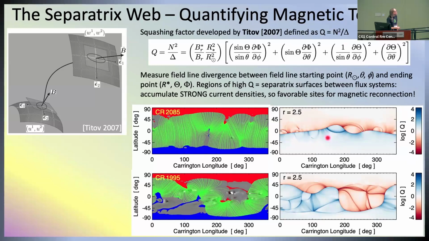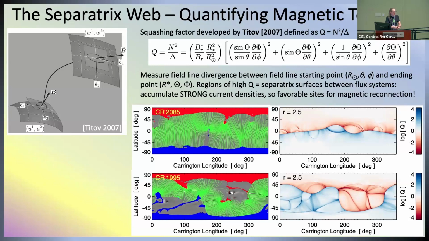But there's this other set of features here, which are kind of like these dark arcs that come out of the heliospheric current sheet, which is this sign change, and then kind of connect back to them somewhere else. And it turns out these dark arcs are exactly the separatrix structure you'd expect from pseudostreamers.